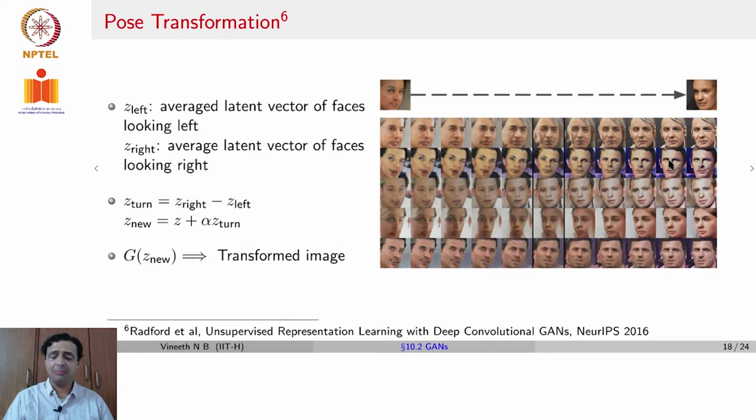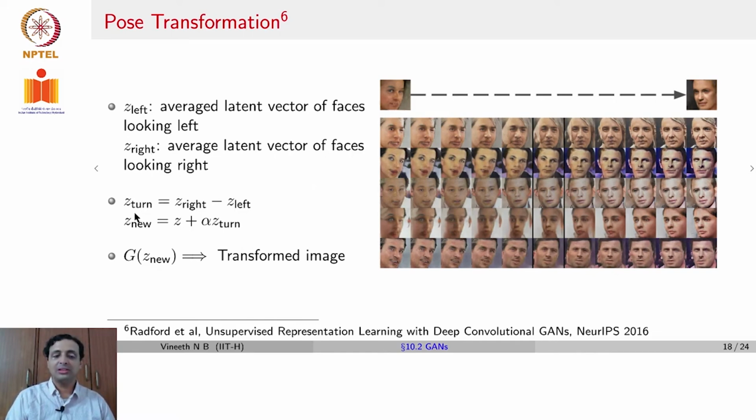Here is another example of a similar idea for pose transformation. So given a set of images looking left and its corresponding average latent vector to be Z left, a set of images looking right, its corresponding latent vectors averaged to form Z right.